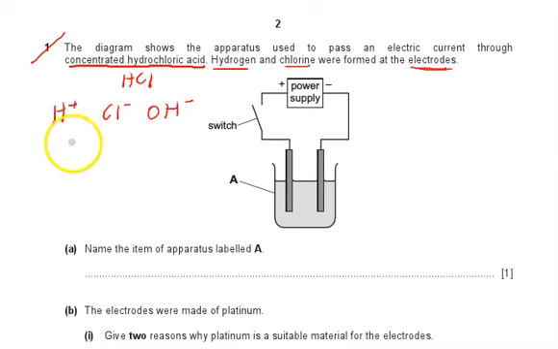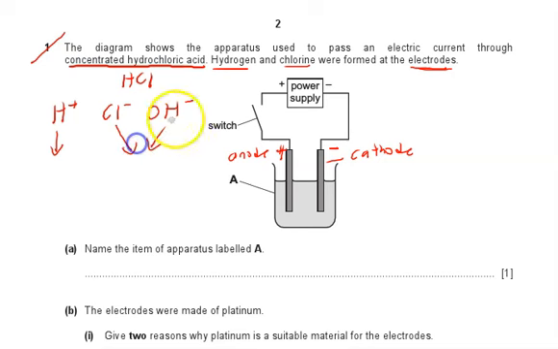The positive cation will go to the cathode. Okay, this is the cathode, and here is where we have the anode. The anode is a positive charge, so it will pull chlorine and also hydroxide. Both of these will go to the anode and this one will go to the cathode.